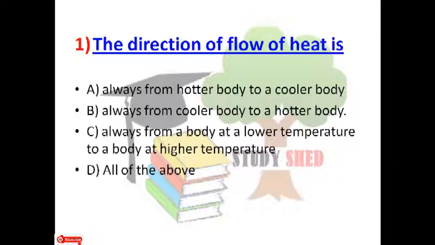The direction of flow of heat is: always from a hotter body to a colder body, always from a cooler body to a hotter body, always from a body at a lower temperature to a body at a higher temperature, and last but not the least, all of the above. I'll give you 3 more seconds to go.